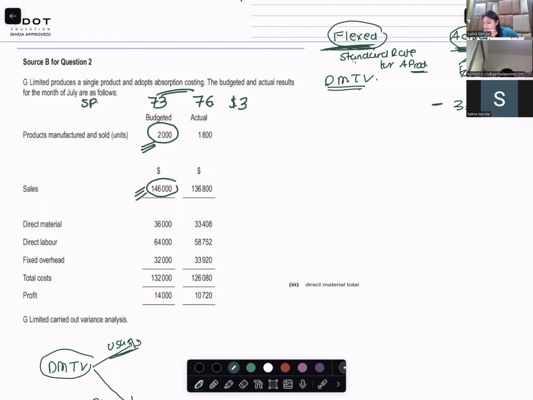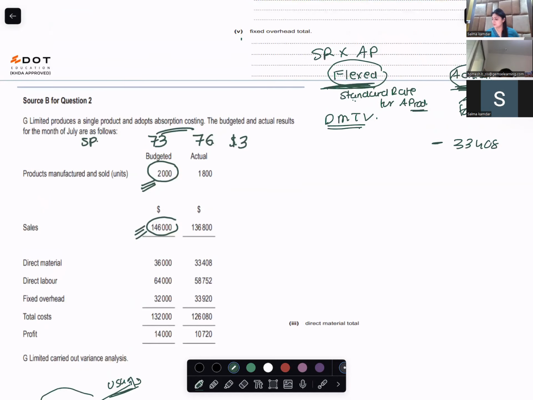And the actual budget is actual quantity with actual cost, so actual production with actual rate.